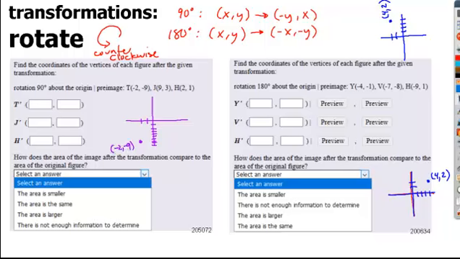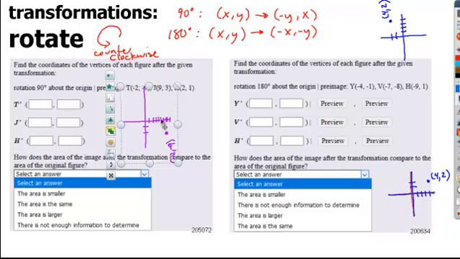Okay, so if I take this right here and I now rotate it 90 degrees, because I didn't memorize the rule, once I do this rotation of 90 degrees, I can now see what my new coordinate is. My new x coordinate is what? +9. And my new y coordinate is -2.